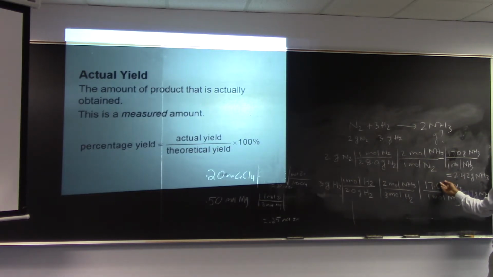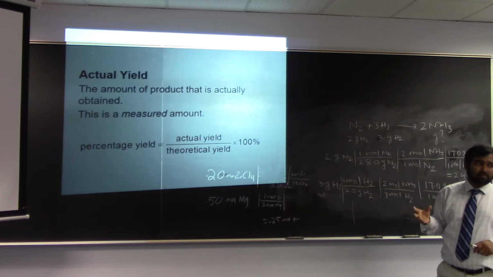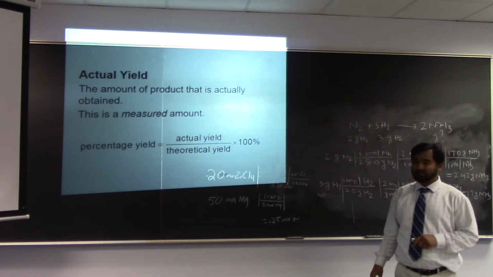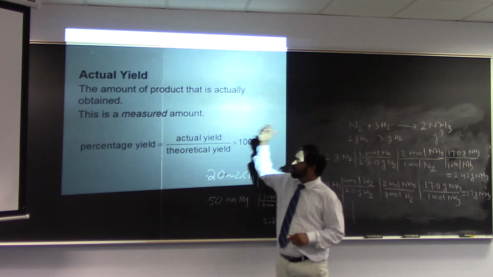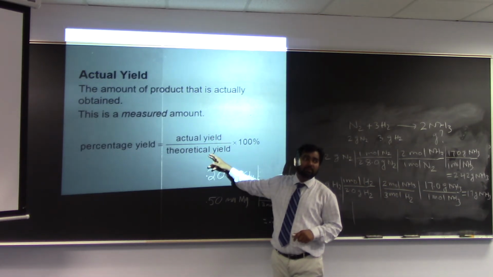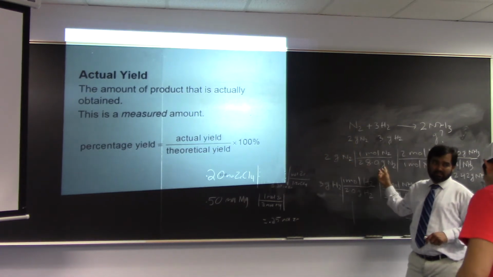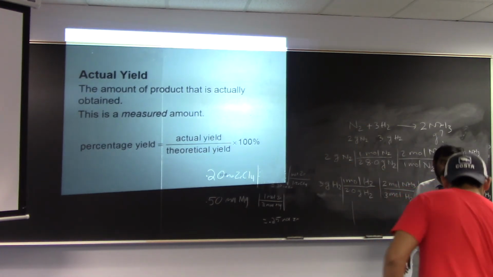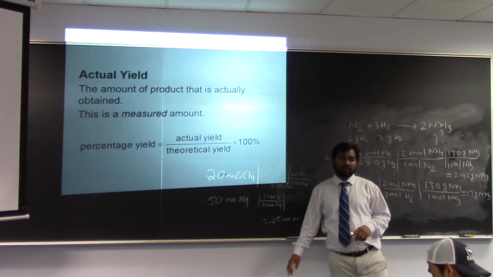No, you cannot, because the actual one is always going to be given for you to calculate percent yield. Again, actual is always given, but theoretical you need to calculate the way you have been calculating from the reactant or limiting reagent. Then multiply by 100%, then you get percent yield.